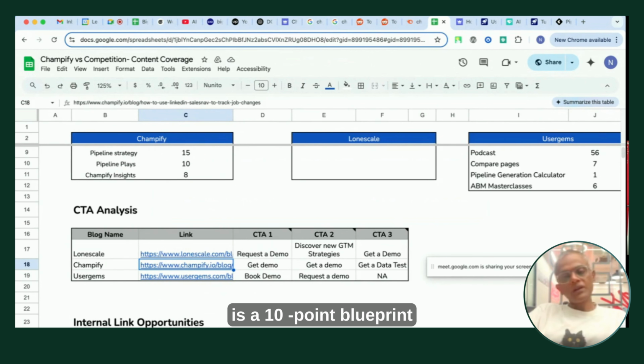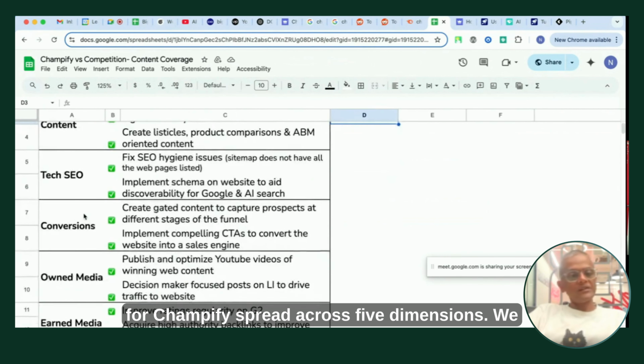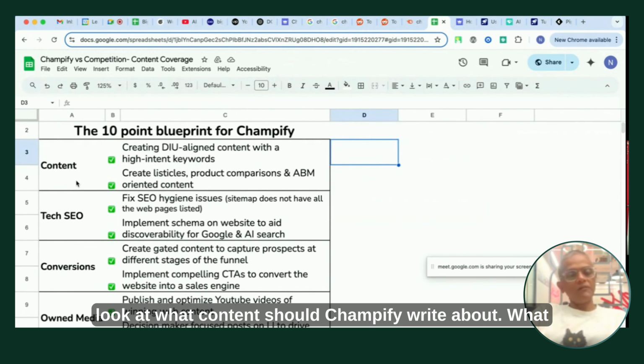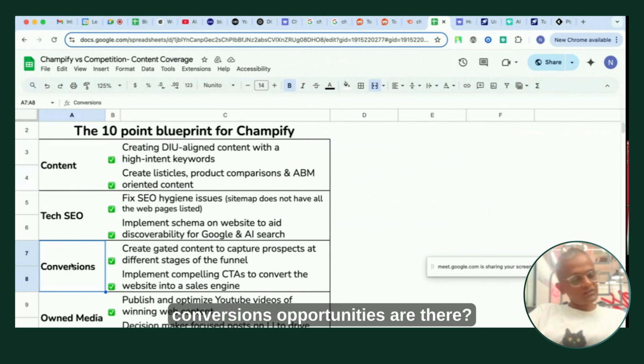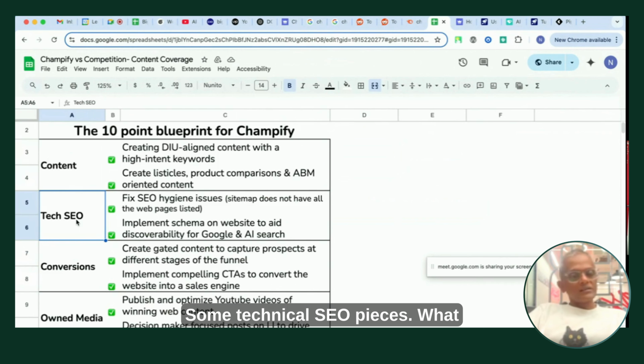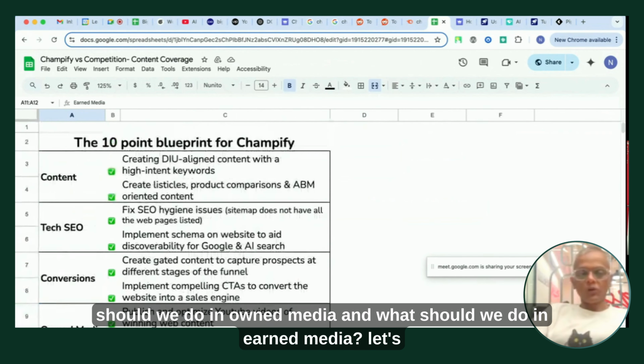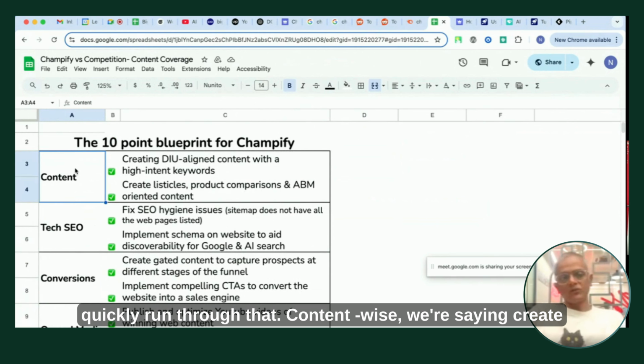So the blueprint typically is a 10-point blueprint for Champify spread across 5 dimensions. We look at what content Champify should write about, what conversion opportunities there are, some technical SEO pieces, what we should do in owned media and what we should do in earned media. So let's quickly run through that.